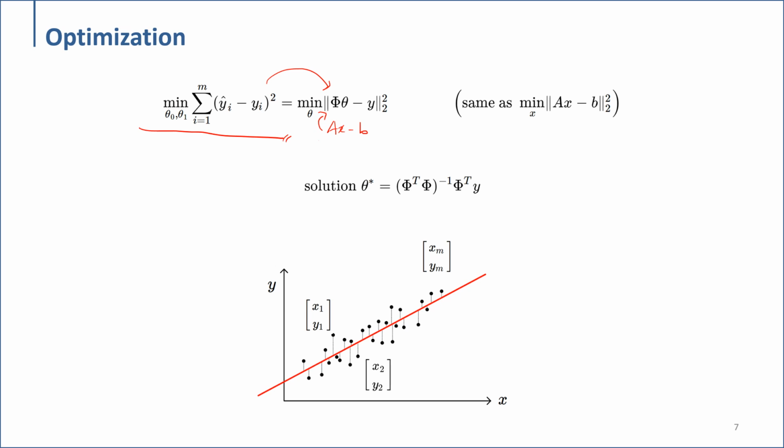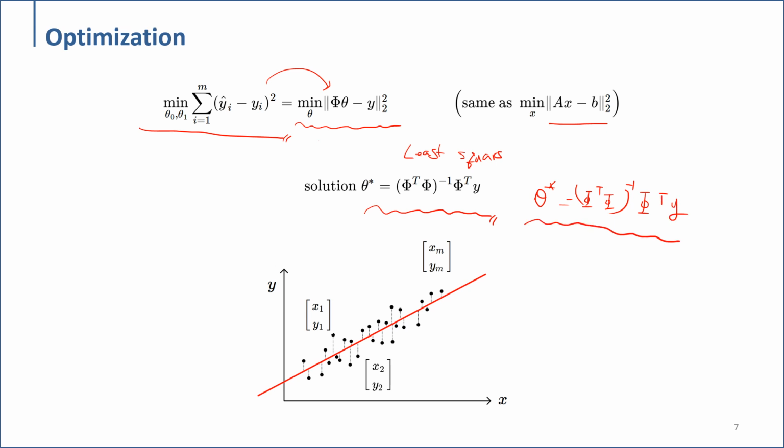From the first class in linear algebra, we have learned that the solution for least squares can be obtained like this. The solution is nothing but phi transpose phi inverse, phi transpose y. From this we can solve for theta.